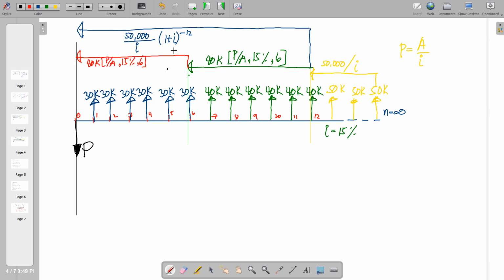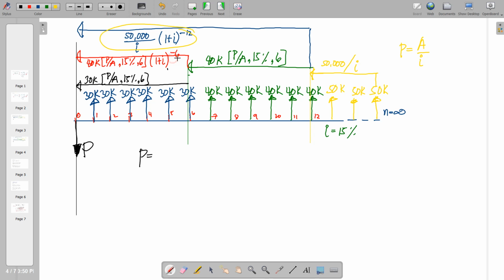Okay, and then again, this is a compound interest from the future. So we just have to multiply it by 1 plus I raised to negative 6. Okay, so finally, for 30,000, we have 30,000 and we have that notation.